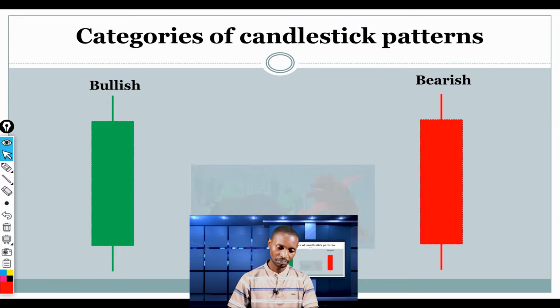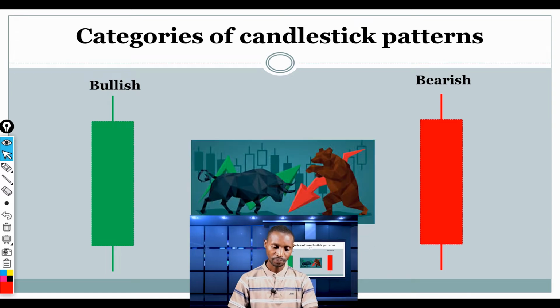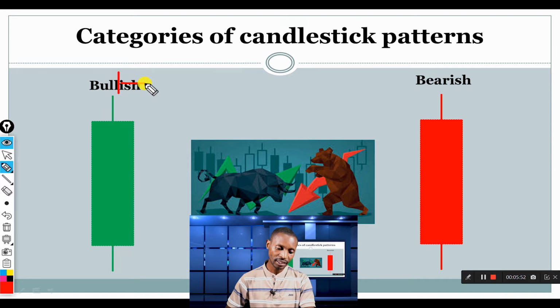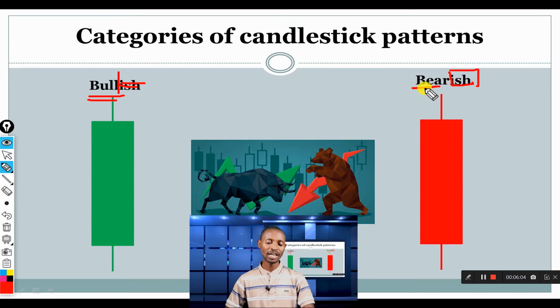Now let's dig deeper: why do we call them bearish and bullish? If we take this name, you see that bullish is simply an adjective. If you cut the word ish, you will see the word bull. And if you cut the ish here, you will see the word bear. The bullish candle has been called so depending on the behavior of the bulls.